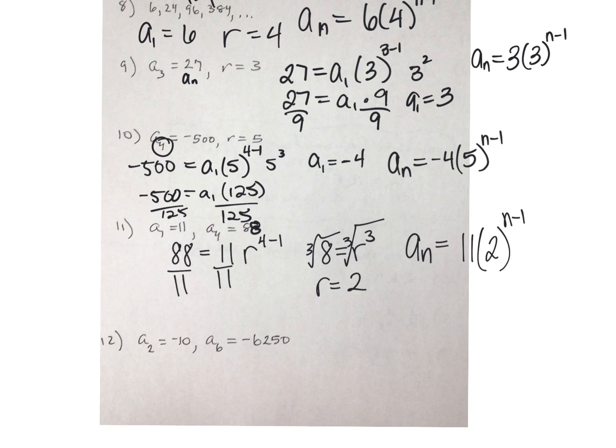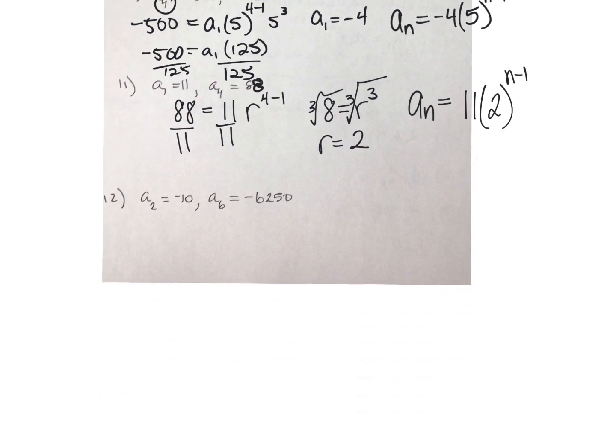Okay, so number 12 is the one where I have two terms. We use the system of equations with the arithmetic sequences, and then we had a shortcut. We don't really have a shortcut on this one. Okay, so we're going to write our two equations.